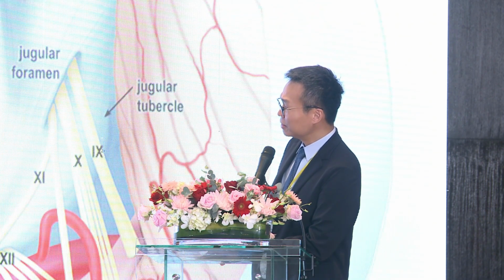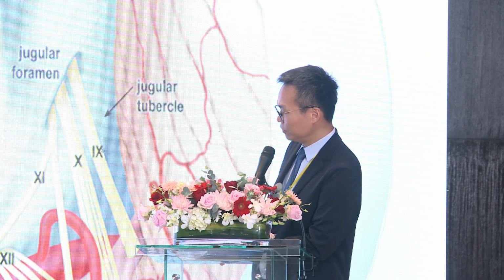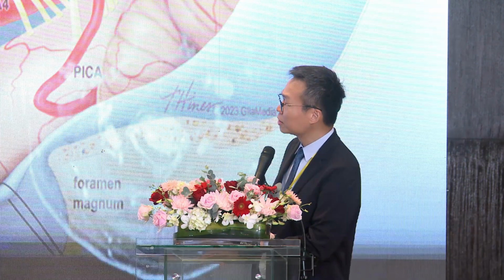By taking out a piece of bone, we can open up the foramen magnum. You can see the cerebellum here, brainstem here, spinal cord, and the vertebral artery, and all the cranial nerves 9, 10, 11, and 12. And this approach gives access to all the brainstem and the upper part of the cervical spinal cord.